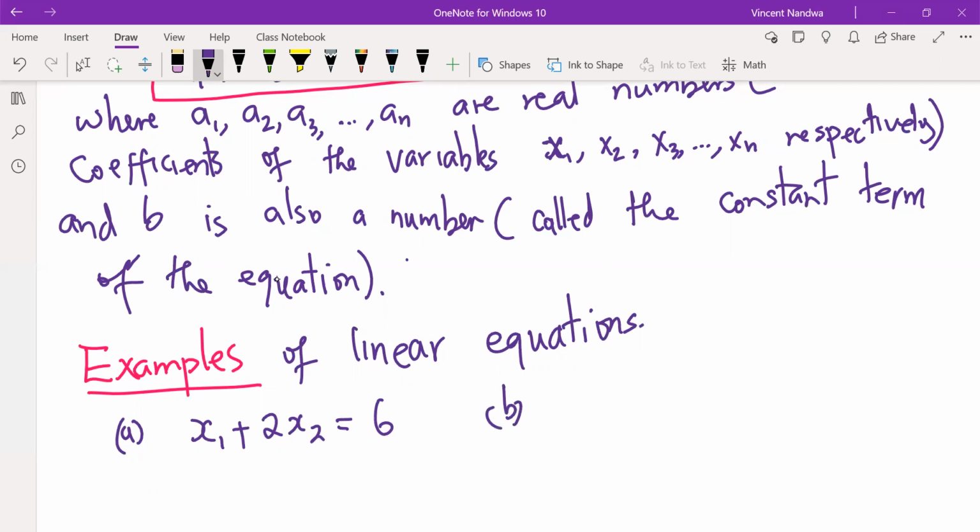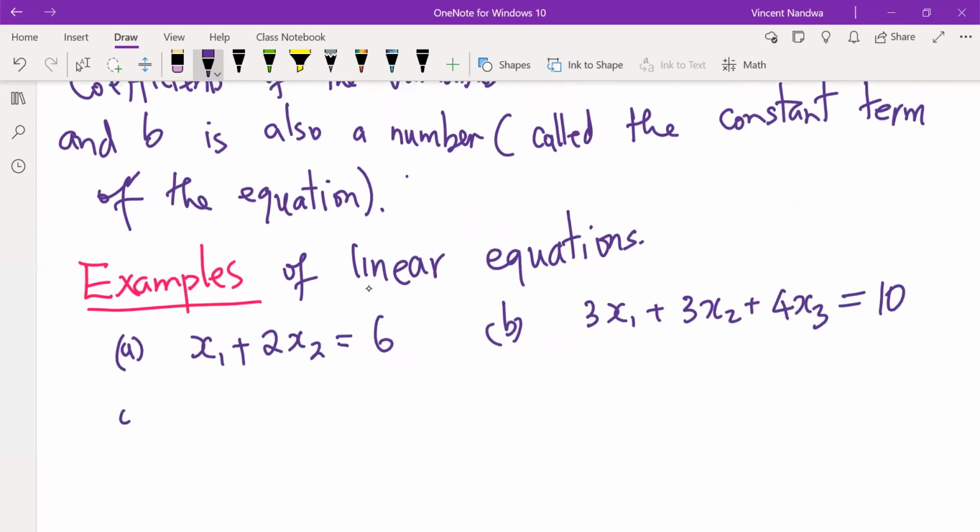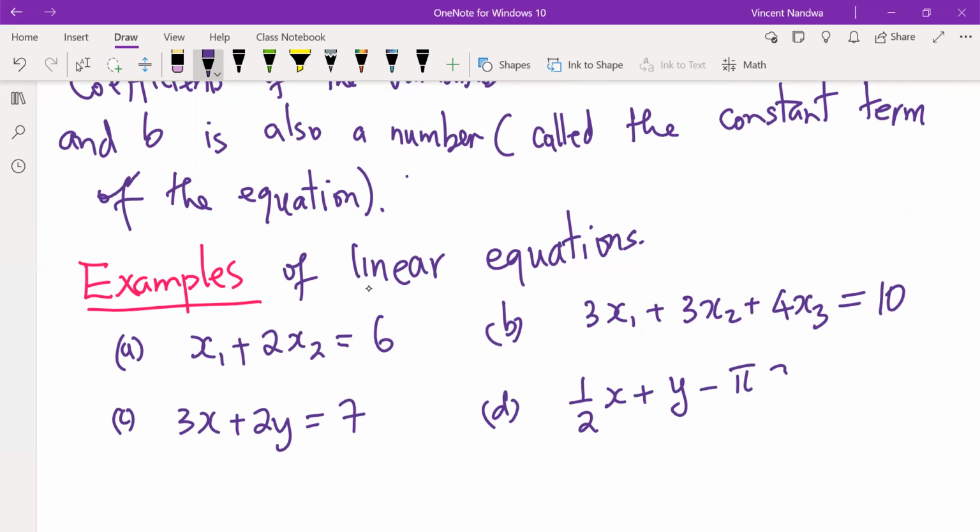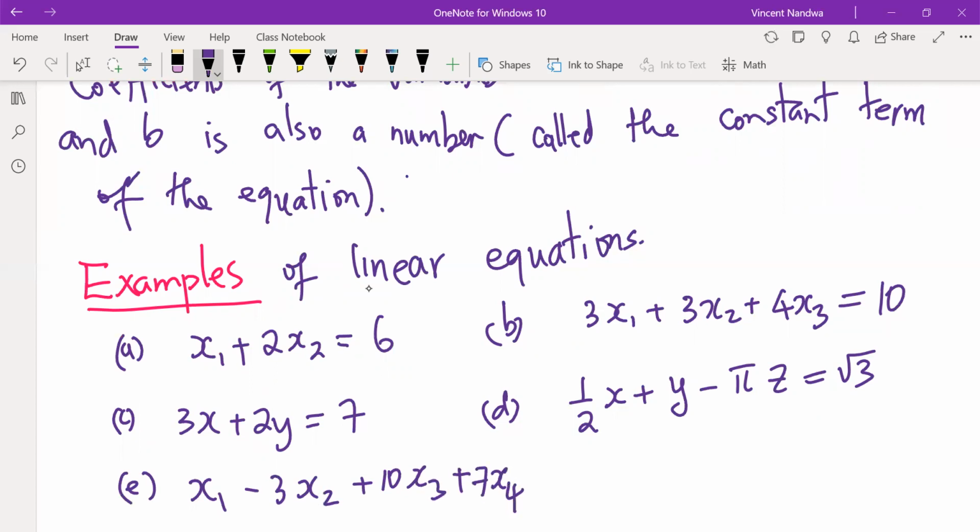We can also have 3x1 plus 3x2 plus 4x3 equals 10. We can also have 3x plus 2y equals 7. We can also have a half x plus y minus pi z equals root 3. We can also have x1 minus 3x2 plus 10x3 plus 7x4 equals 0.